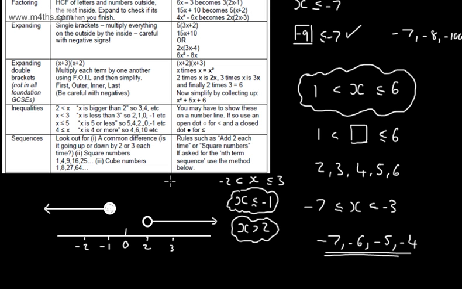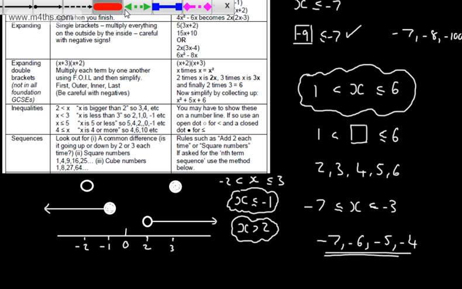I can include 3, I can't include minus 2. All I'm going to do is put these on. So what we'll have is something that looks like this. We'll have our open dot at minus 2, we will have our closed dot at positive 3, and I simply need to now draw a line between the two. So if we were asked now to draw that, we could.